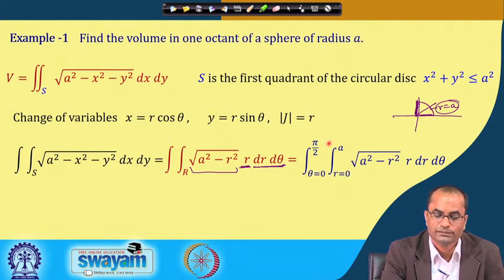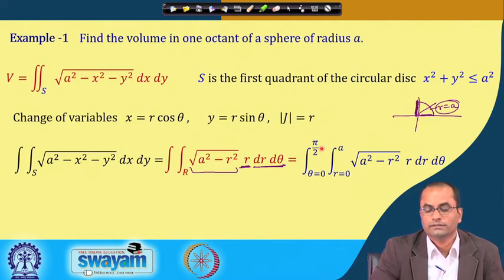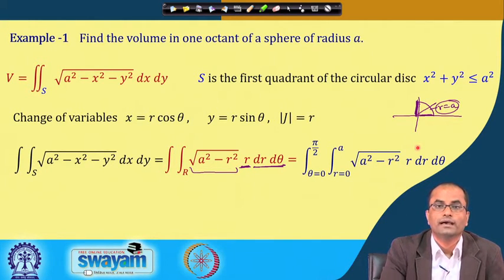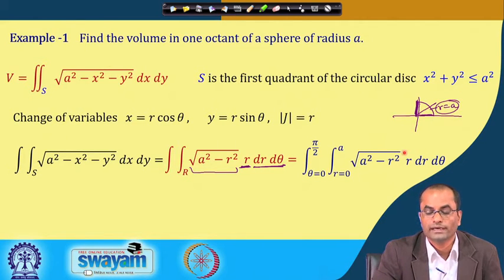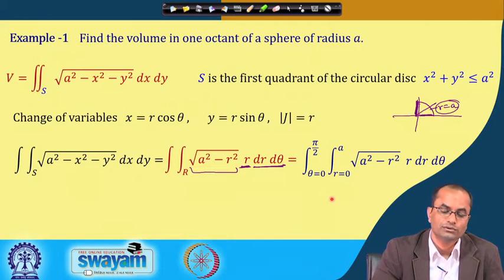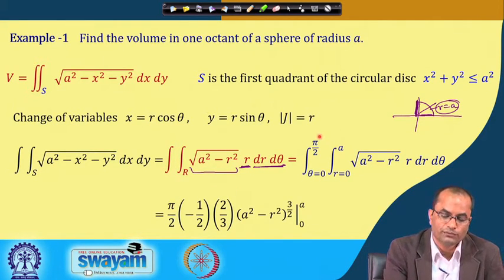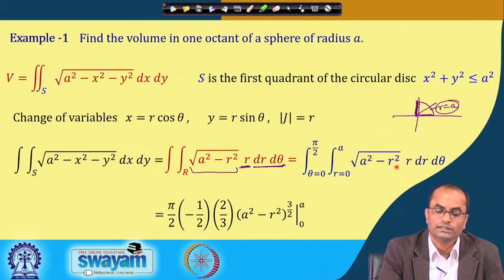There is no theta here. So, the inner one is just a single integral with respect to r, and that will give us here a square minus r square to the power 3 by 2 and then divided by 3 by 2. So, we can multiply by this 2 by 3 from the denominator. So, we have pi by 2 finally from the outer integral, because there is no theta in the integrand.